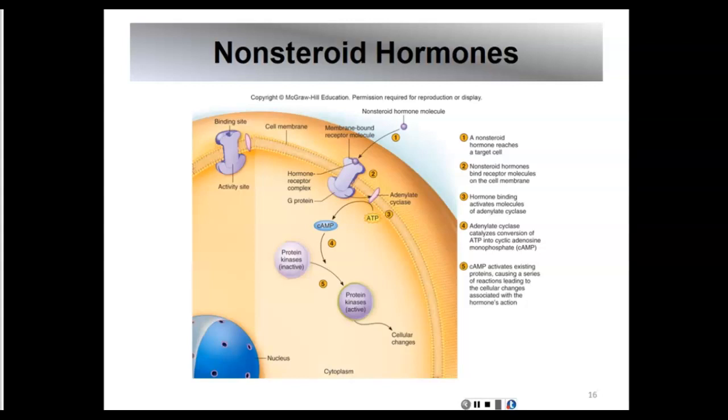Then through number 4, that cAMP conversion will happen with the help of energy. And then at number 5, the cAMP activates existing proteins, causing a series of reactions leading to that cellular change associated with whatever that hormone needs it to do.